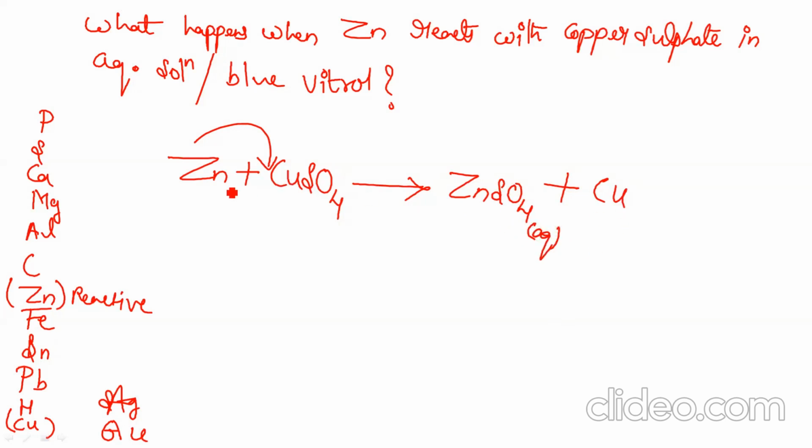The color: this is a blue solution, and after that the solution will become darker due to the precipitation of copper, as copper has a reddish color. So due to this reason, the color of the blue solution will change to a darker color. So this will be the type of reaction here.